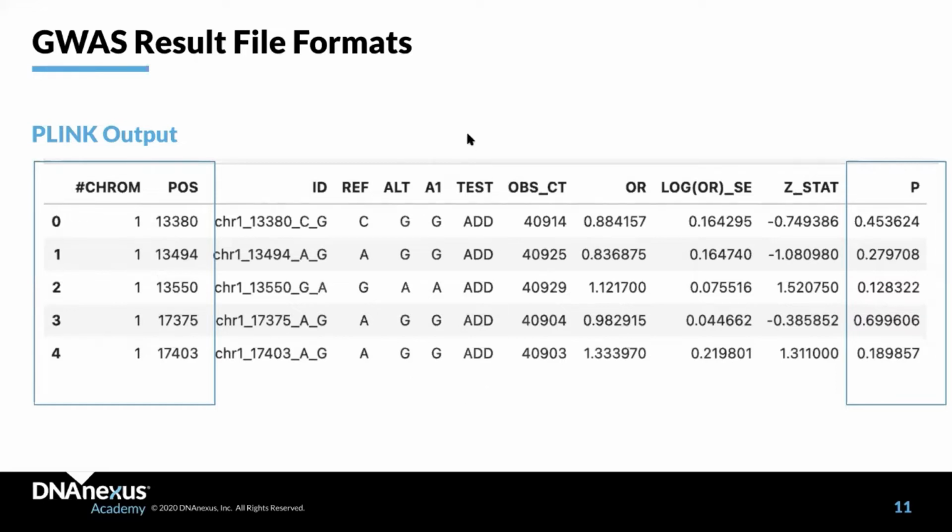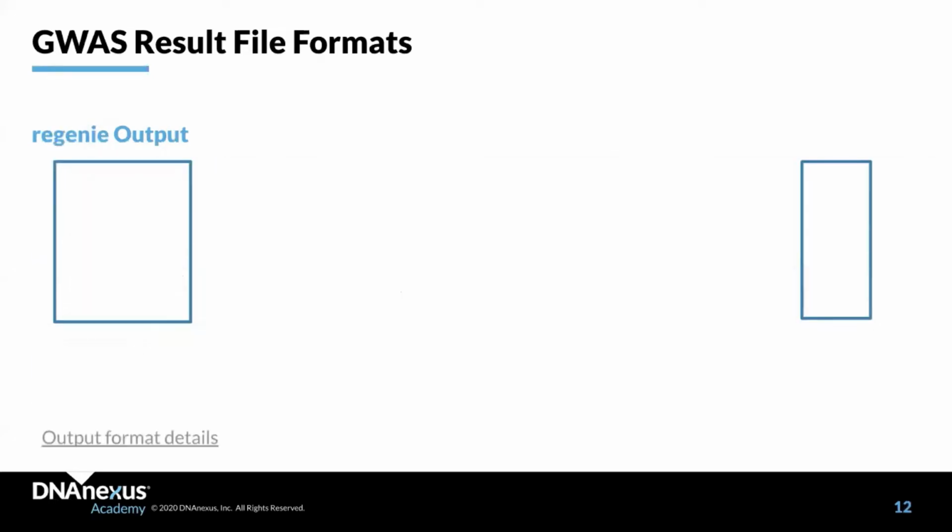Then you have what type of test, if it's additive, and you have the odds ratio. Then you have some statistics and p-values. As noted here, the variables that are most important for us are some identification of the variant and also the p-value, so we can decide whether this association is significant or not.